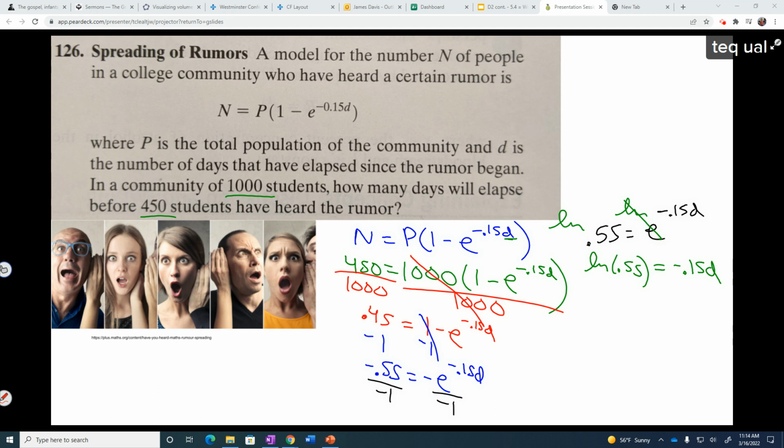And although that has a negative with it, it's still multiplication. So now we divide by negative 0.15 to get d. And then we're going to type this whole thing into our calculator: natural log of 0.55 divided by negative 0.15.